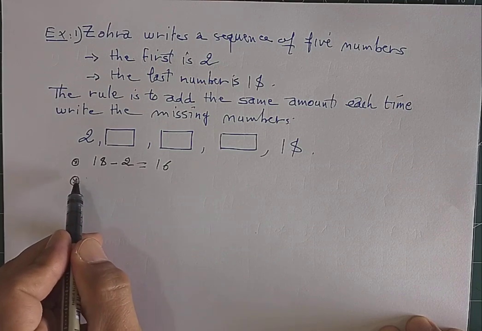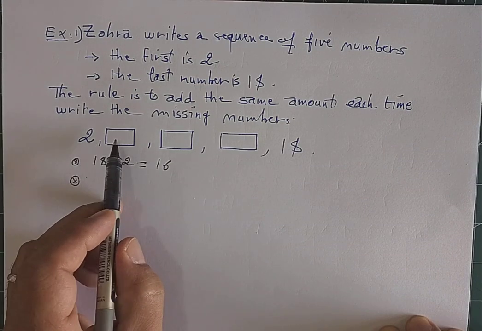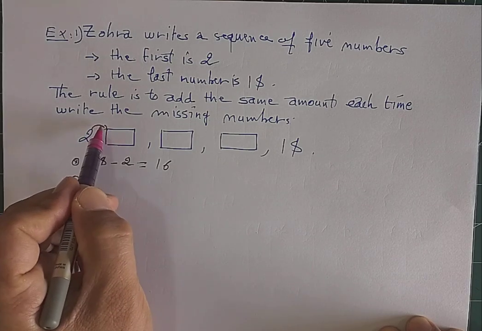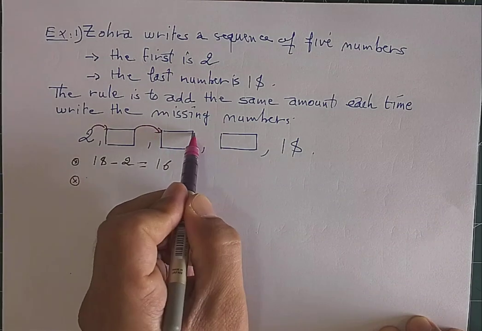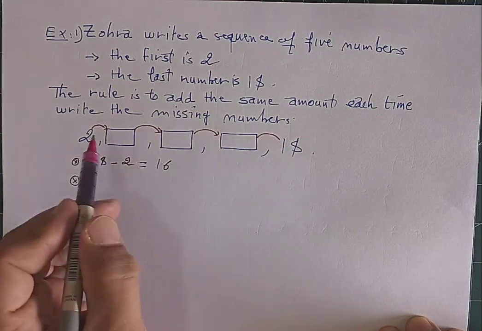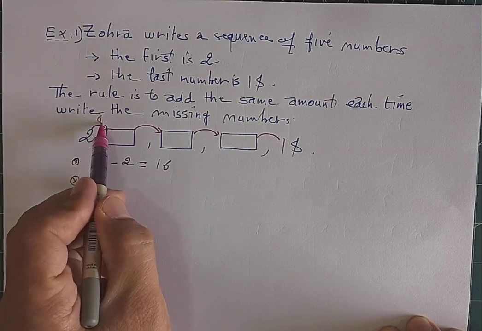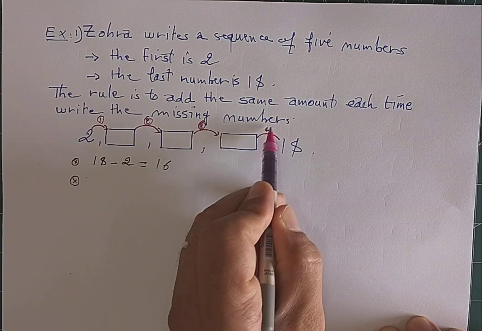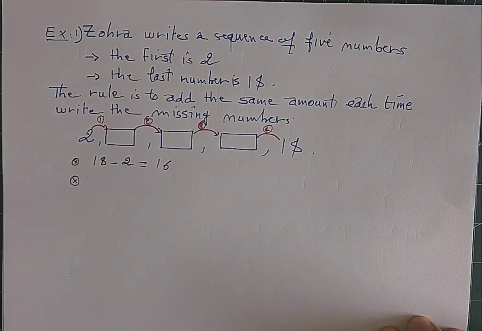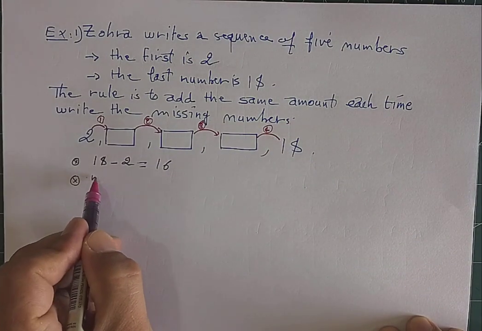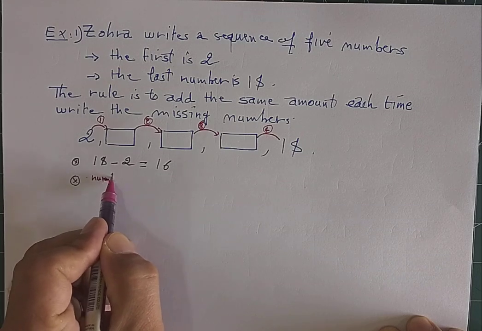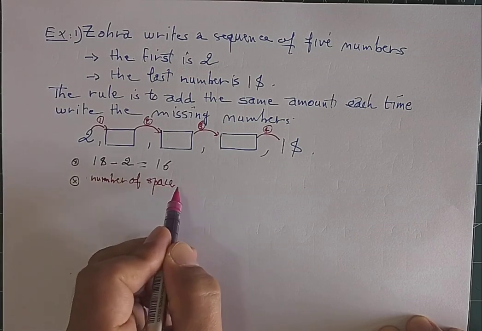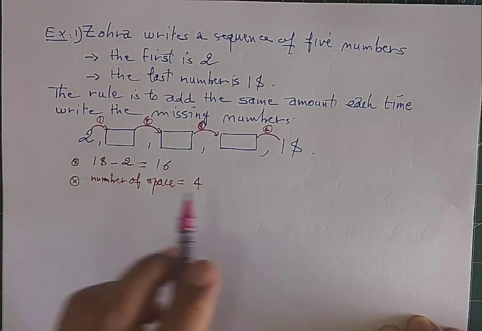After that, I count the spaces between the terms. Here: 1, 2, 3, and 4. Space number 1, space number 2, space number 3, and space number 4. The number of spaces equals 4.